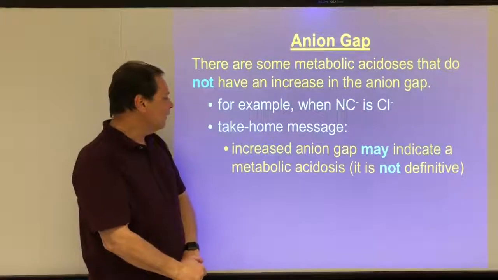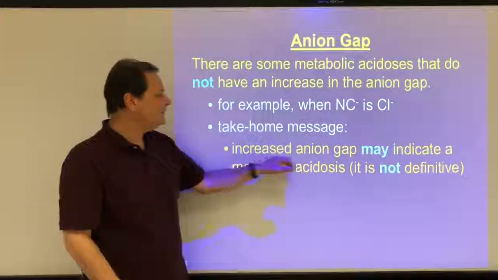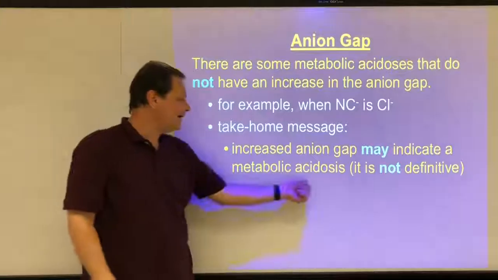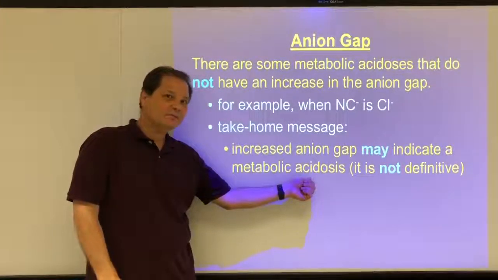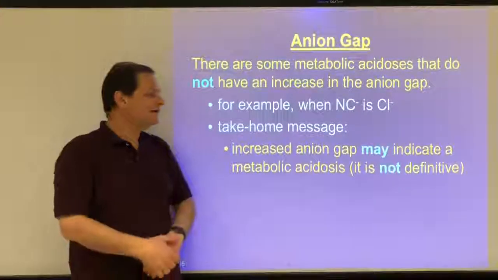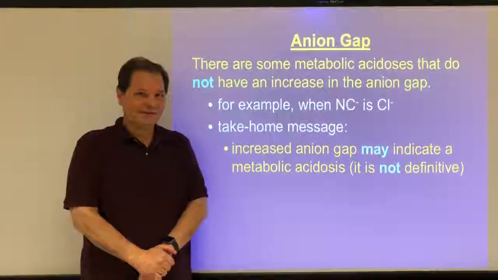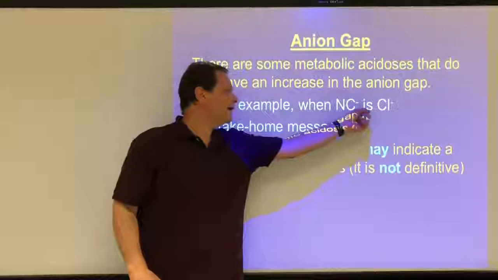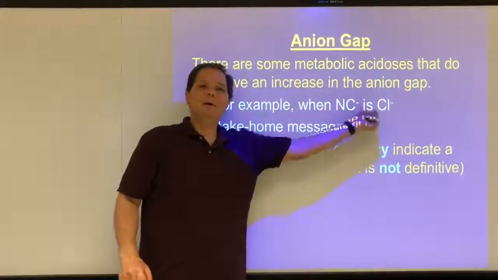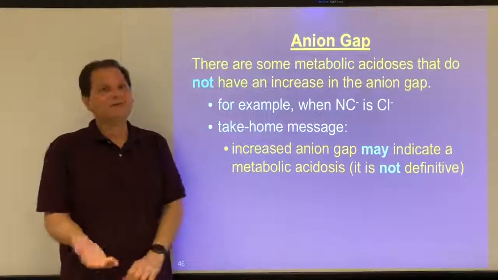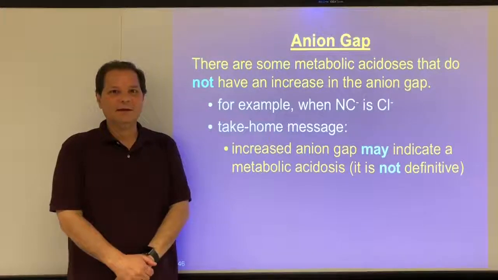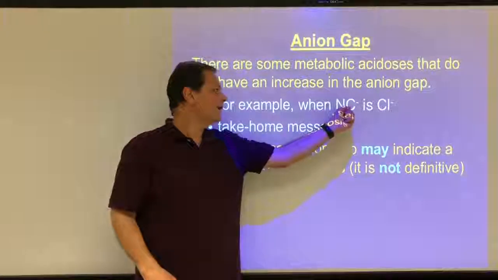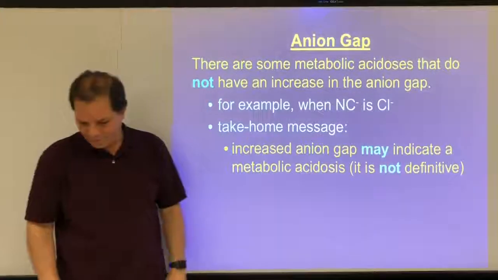So an increased anion gap may indicate that you have a metabolic acidosis, but it isn't definitive. It doesn't have to. And this is a great example of where it wouldn't, when you're adding chloride, which is a measured anion, instead of something that's not measured like lactate.